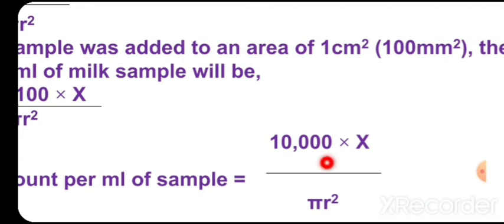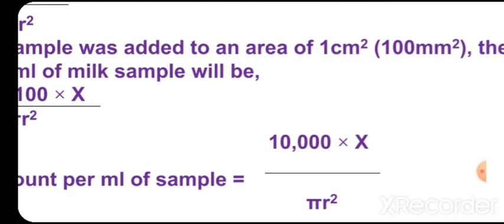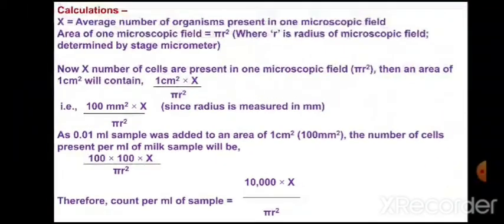This 10,000 divided by pi r square is called the microscopic factor. So the simplest formula is average number of cells into microscopic factor, and the microscopic factor is 10,000 divided by pi r square. This is how you can determine the count.